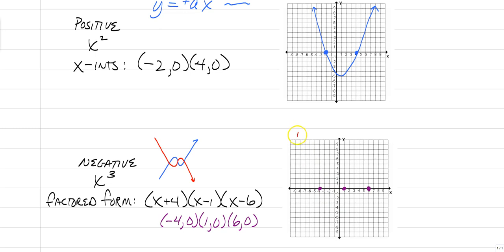But you need to start up high, which means the first thing that's going to happen is you're going to go through here and come back low, but then you got to turn around, come back up, then you got to turn around again and go back down. Because remember, an odd function that's negative is going to have the pattern where it starts high and finishes low.